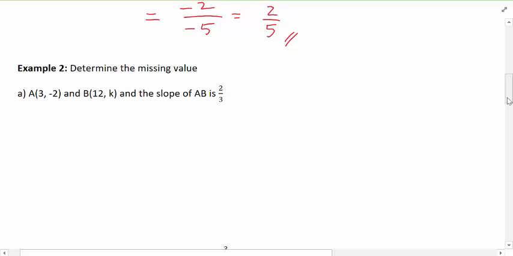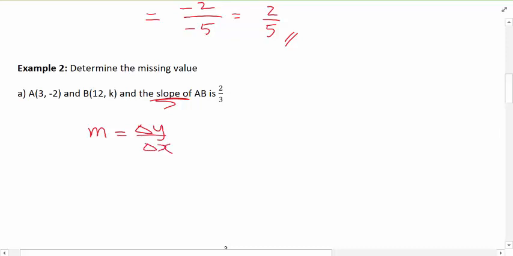Now think about it. I give you information. And what did I say? If you are given information, what should you do with it? Plug it in. Okay, so it's the same thing here. I am given the slope, meaning that I probably should use the slope formula. Delta y over delta x.